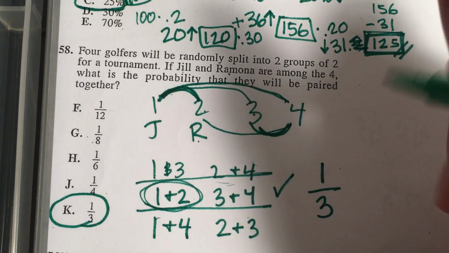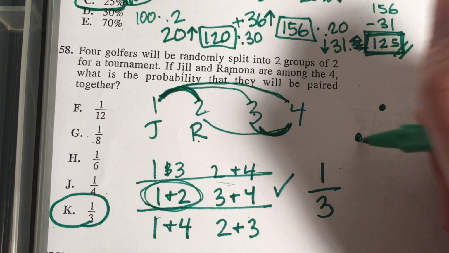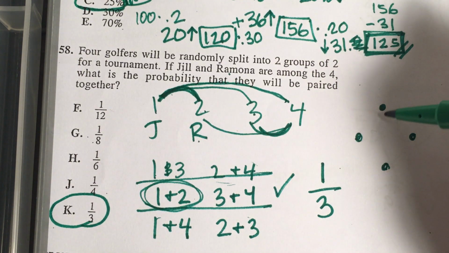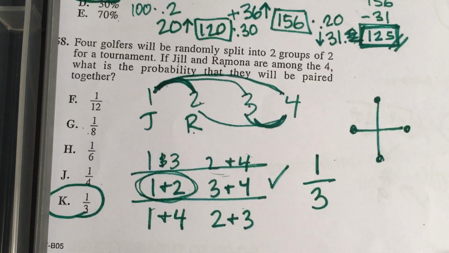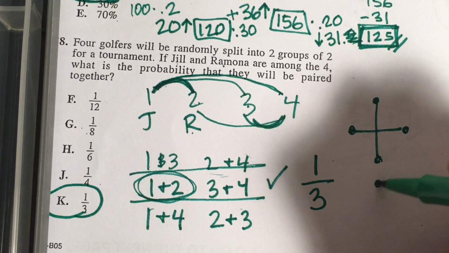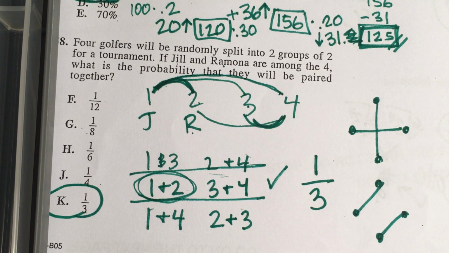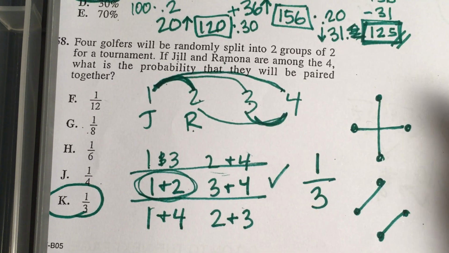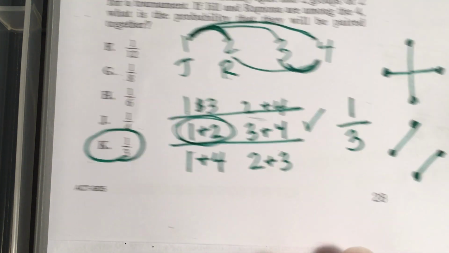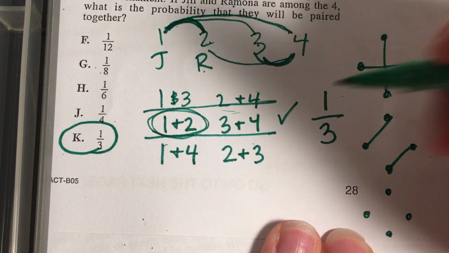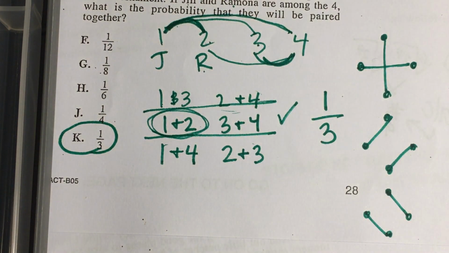If you think about it a different way, if you have 4 people like that, they could be paired like this. That would be one option. They could also be paired like this. That would be another option. And then another way they could be paired is like this way and that way.